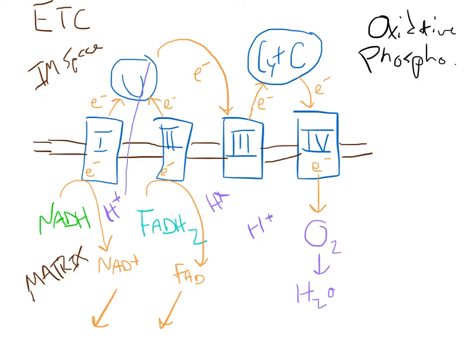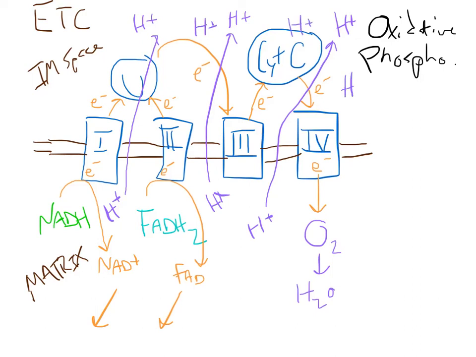This is active transport. So we're going to push these hydrogens against their gradient out here into the intermembrane space so that we build a gradient. We end up with more hydrogen out here in the intermembrane space than we had inside in the matrix.